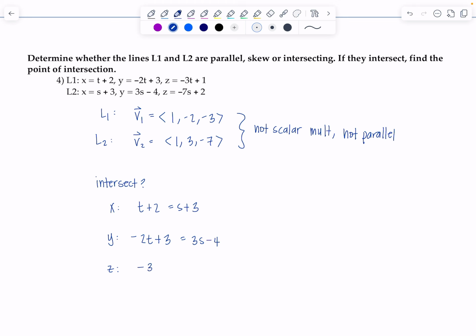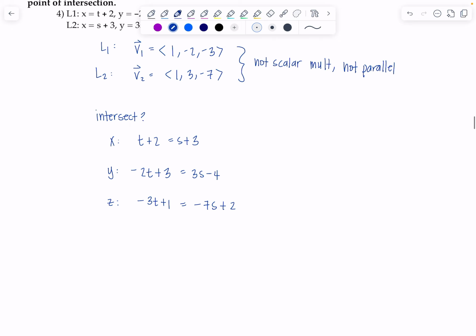And does negative 3t plus 1 ever equal negative 7s plus 2? Now here's the thing. I have 3 equations and only 2 unknowns. That's more equations than unknowns. So I'm going to work with 2 of the equations at a time, solve for s and t, and then verify that the result works in the 3rd equation. If it doesn't, then there's no solution to my system.